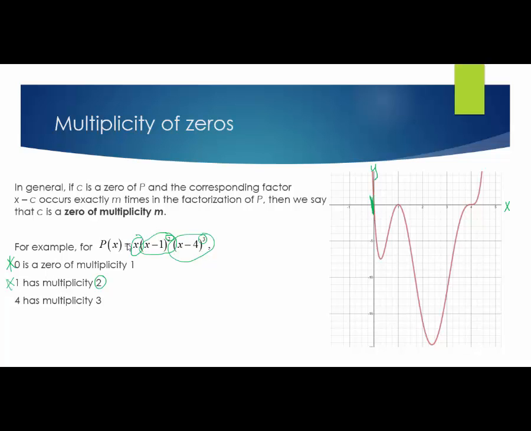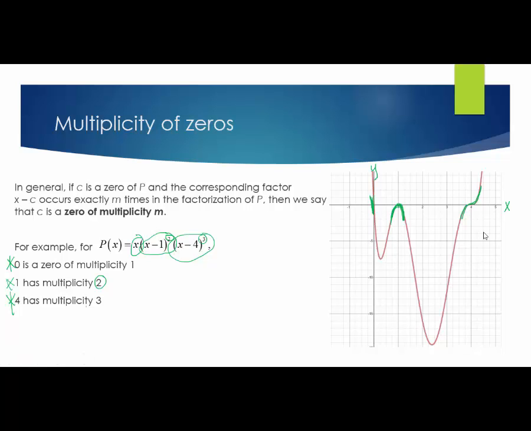Multiplicity 2 gives me this quadratic factor, and while I can't tell if it's going to open up or down from the information given, I can tell it's going to have a parabola-like shape at that 0. And similarly, this 4 came from a factor of multiplicity 3, while it's passing through here just like a cubic function.